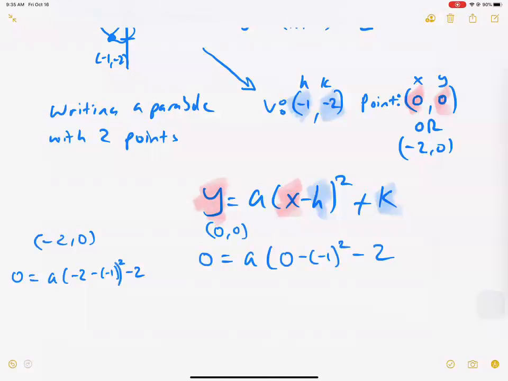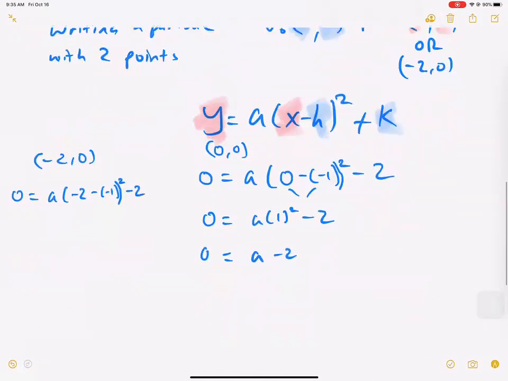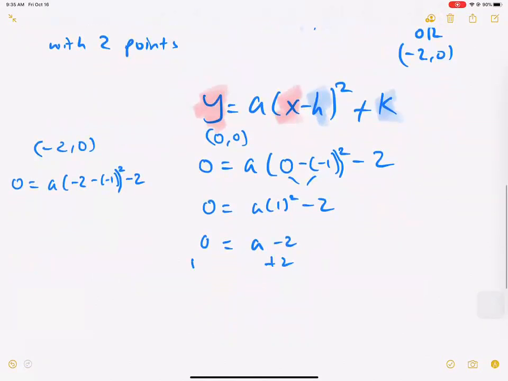Okay, 0 is equal to a. This all becomes what? Negative becomes a +1, +1 squared, minus 2. Taking my time, 0 is equal to a minus 2. I'm going to add 2 to both sides. A is equal to, oh my gosh, it's the 2 we wanted.